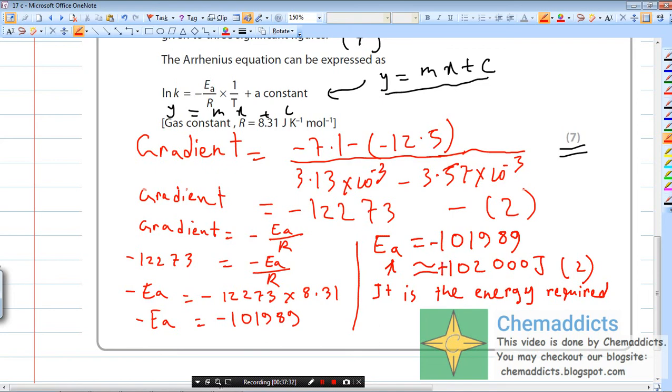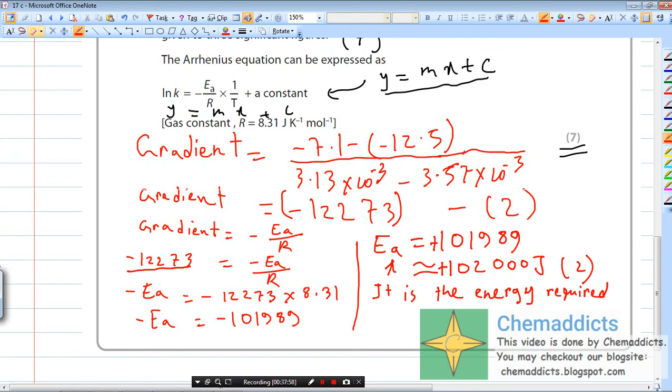In order for EA to be positive, the gradient must be negative.